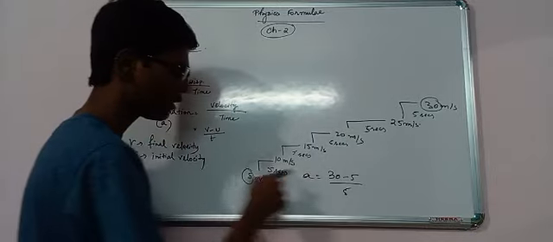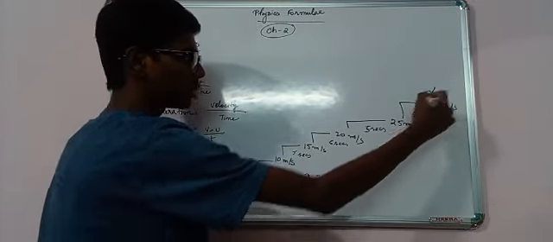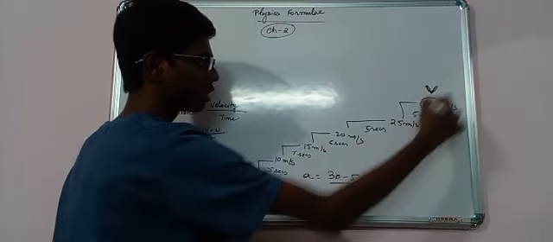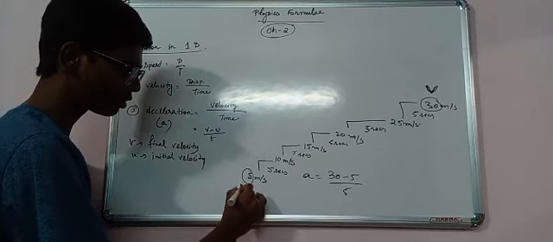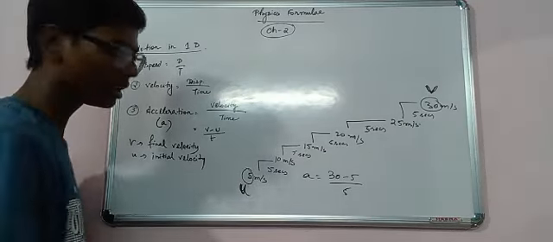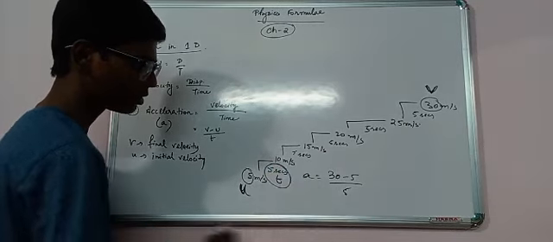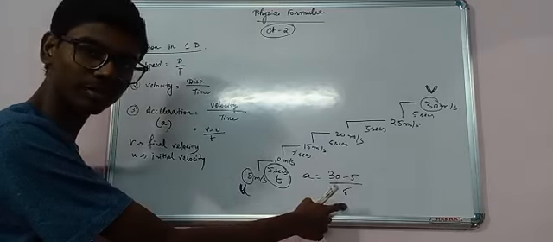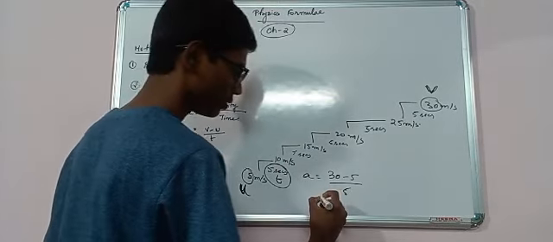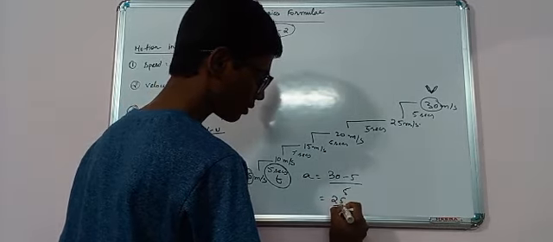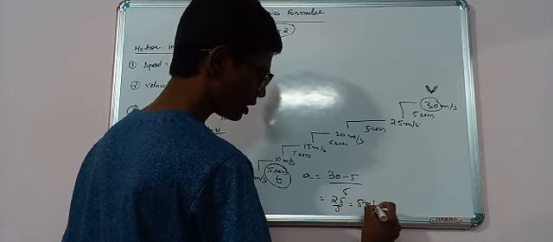So 30 minus 5, final velocity v, initial velocity u, time t. So 30 minus 5 by 5. Done? 25 by 5. That is 5 meter per second square.